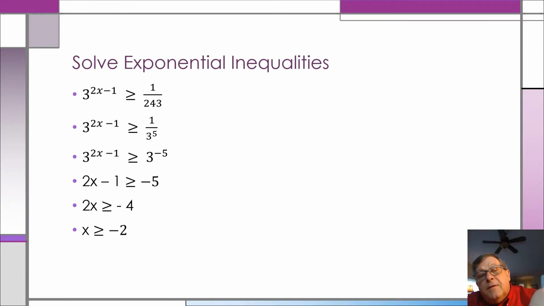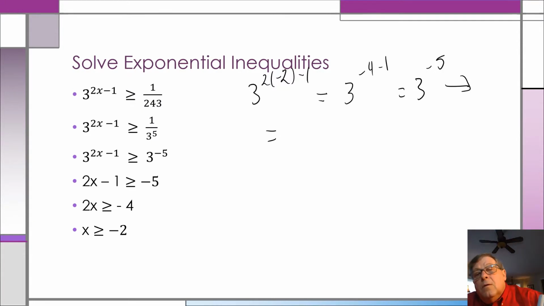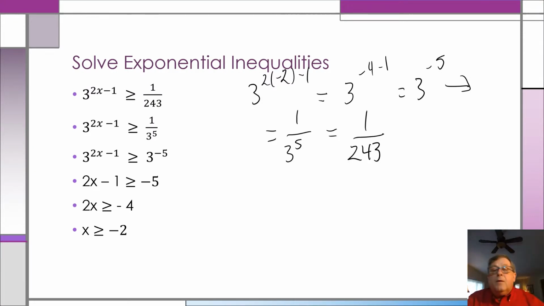So let's see, if I had 3 raised to the power of 2 times negative 2, negative 2 minus 1, well, that's going to equal 3 to the negative 4 minus 1, which equals 3 to the negative 5th power, which equals 1 over 3 to the 5th, and 3 to the 5th is 243, and there we go.